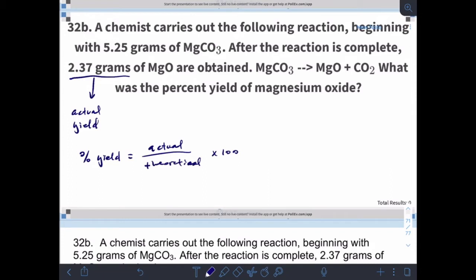So our actual yield is 2.37 grams. Our theoretical yield was 2.51 grams, times 100 means that our percent yield is 94.4%.